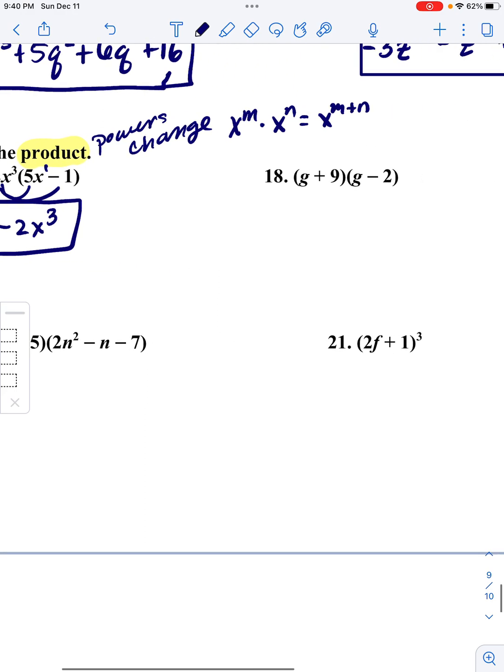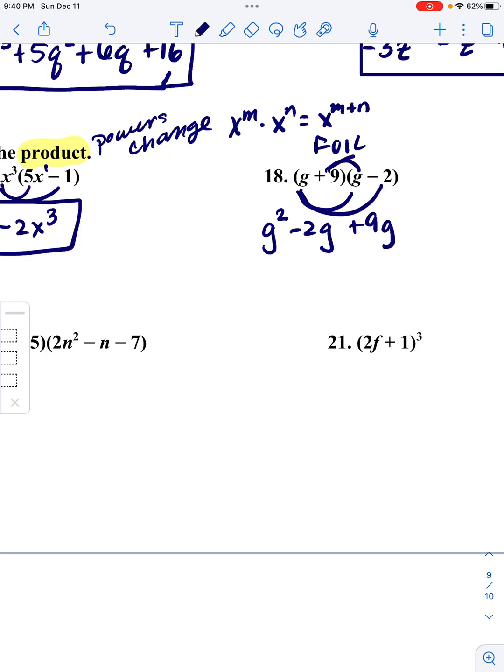All right, here I can see that I need to FOIL. So first is g times g, so g squared. Then the g gets multiplied by the -2. Then I need to multiply the 9 times both things, so plus 9g, and then 9 times -2. In FOILing, it's very common for these two to combine.